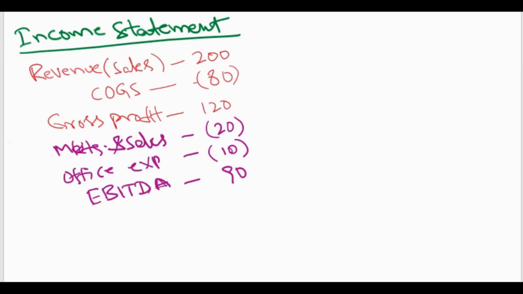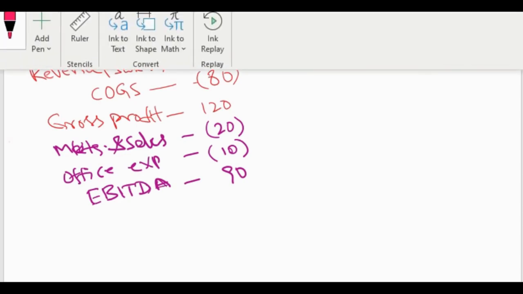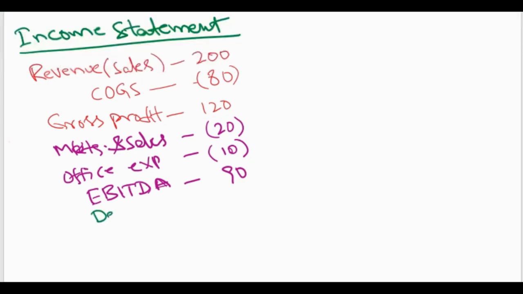So now what do we do? We will go ahead and deduct the other two things, that is depreciation and amortization. So let's say depreciation we will reduce around 10 million, and amortization for the time being, let's say 0, there is no amortization. So now what you get here is EBIT.